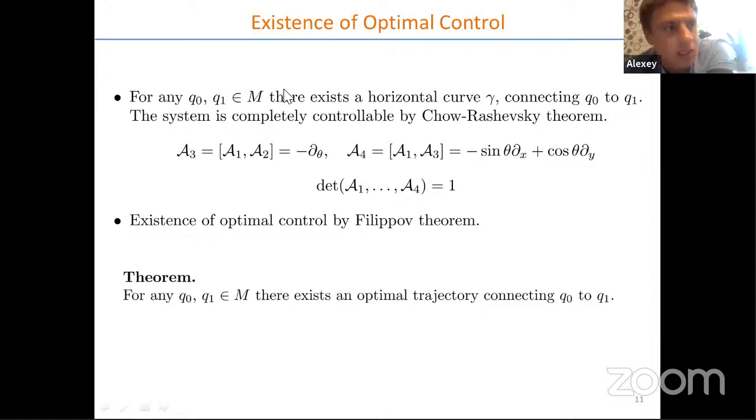So the system is symmetric in controls, and then we have complete controllability. Existence of optimal controls follows from Filippov's theorem. Then we obtain the following result: for any given initial and end conditions, there exists an optimal trajectory connecting Q0 to Q1.